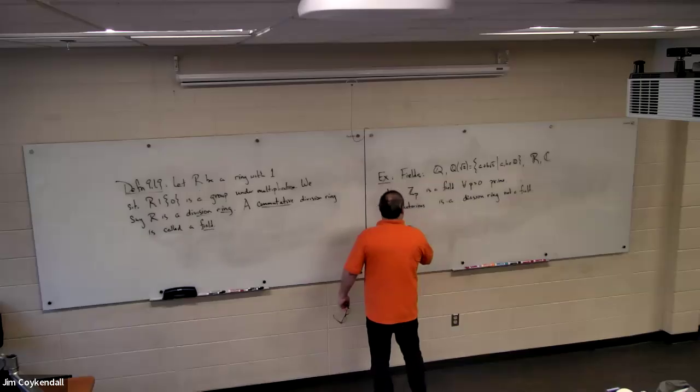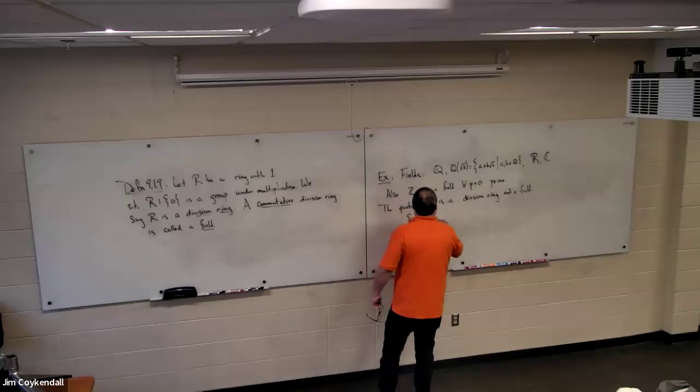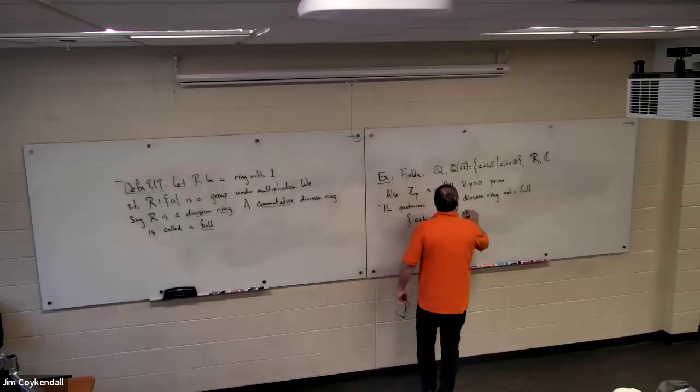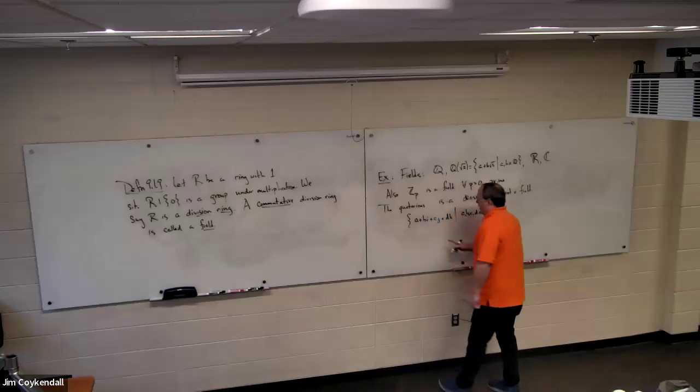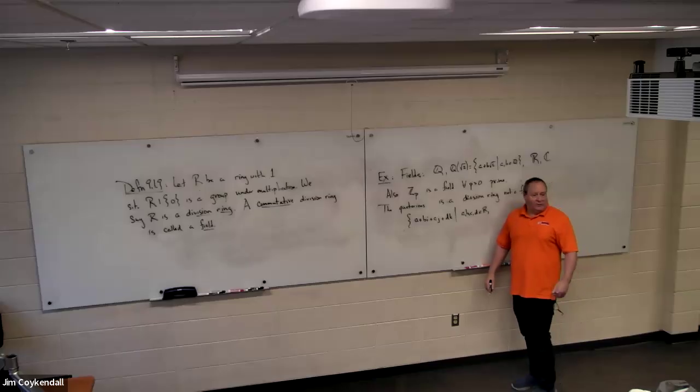The way you build this is the set of a plus bi plus cj plus dk, where a, b, c, d are real numbers. And the ijk business is the quaternion group of order 8 that we had seen earlier.